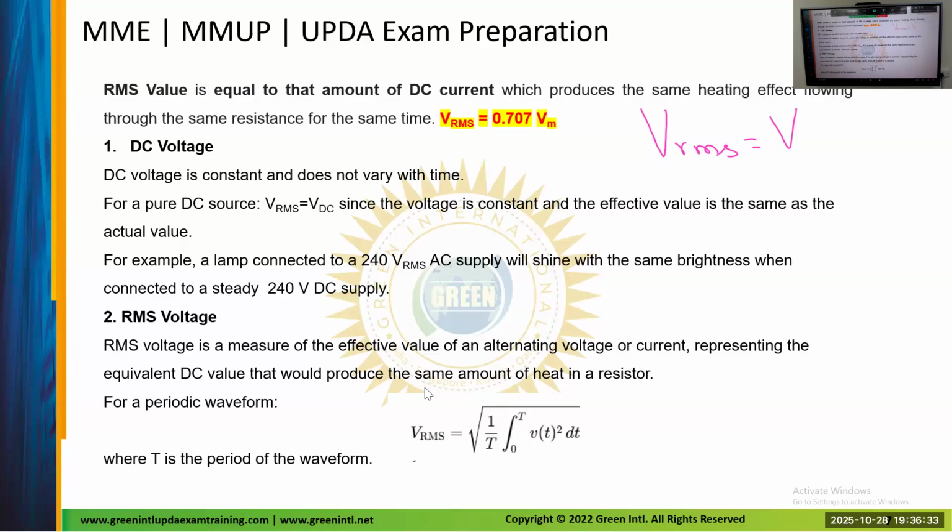Unless otherwise specified, whatever voltage we read is an RMS quantity. All measuring instruments read RMS voltage. So we write VRMS or V.